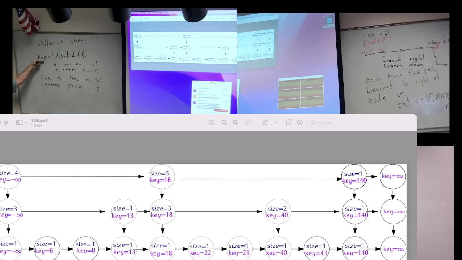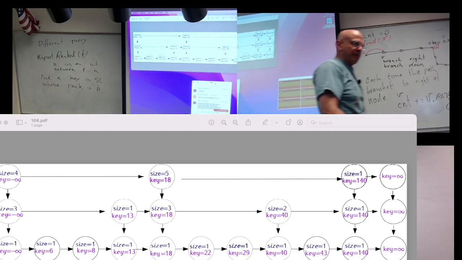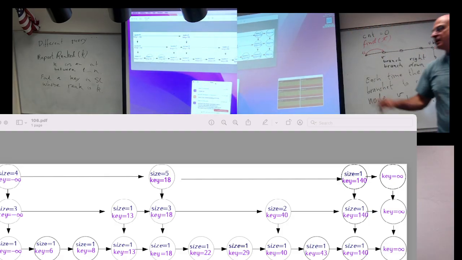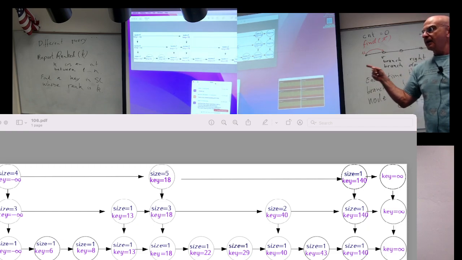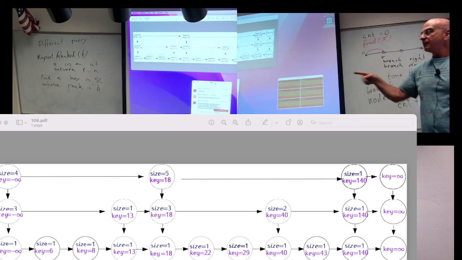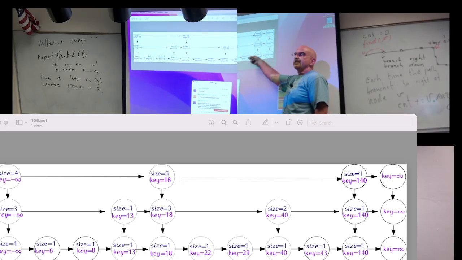My previous query of just rank gave you a key X, and I ask you how many keys are there that are before X. Now I'm switching the rules a bit. I'm giving you a number, k, and I want to know out of all these keys, who is this number?